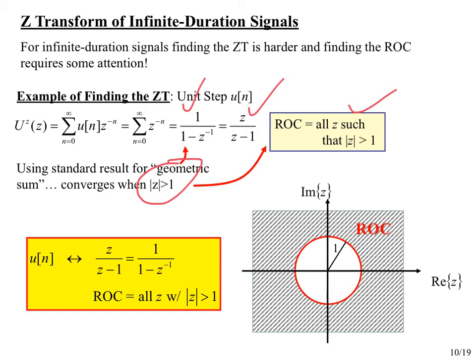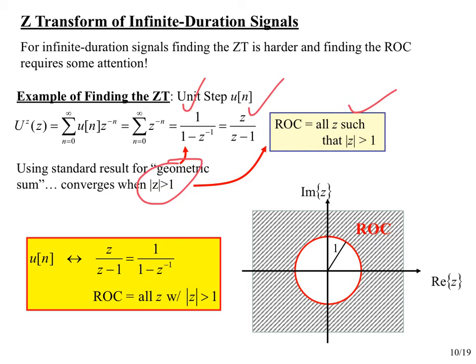That's a part of the geometric sum result as to when that sum converges to this functional form. So our region of convergence is all z whose magnitude is greater than 1. So this result converges for all z outside of the unit circle.